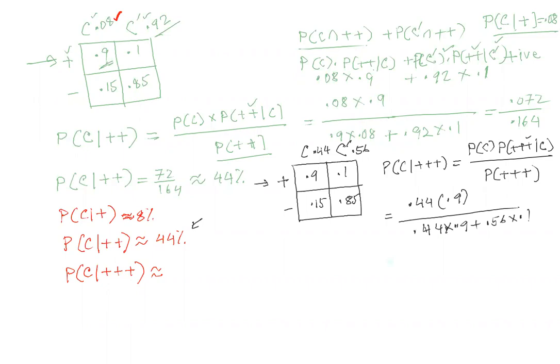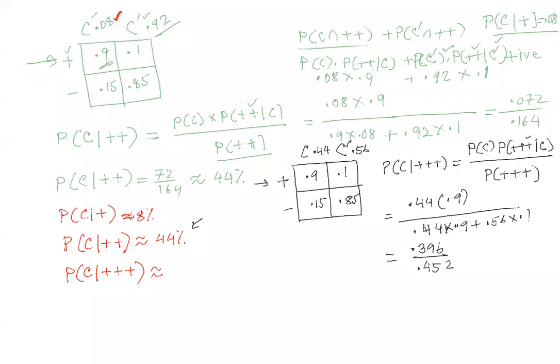If you do this math, what do you get? Let's see, 0.44 times 0.9 is 0.396. Plus 0.56 times 0.1, that's 0.452.